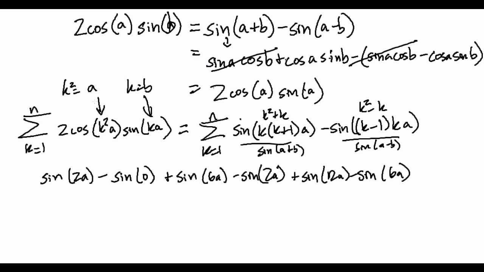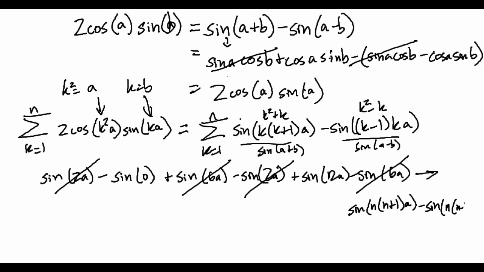As you can see, this is a telescoping series because each term cancels out. Sine 2A cancels out with this sine 2A, sine 6A cancels out with this sine 6A, and it just keeps going down the line until you get to sine((n plus 1)nA) minus sine((n minus 1)nA). I made a mistake earlier, it should be a minus sign.